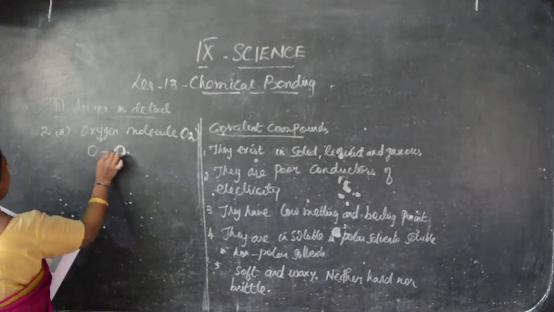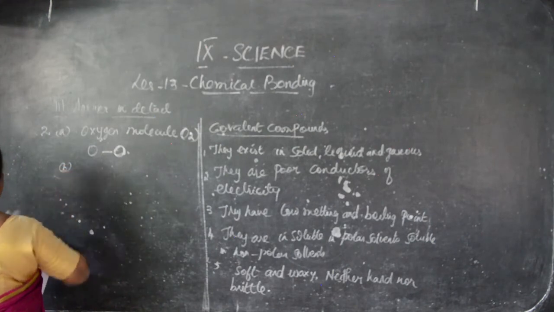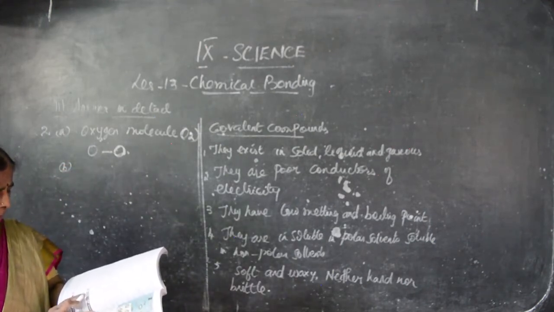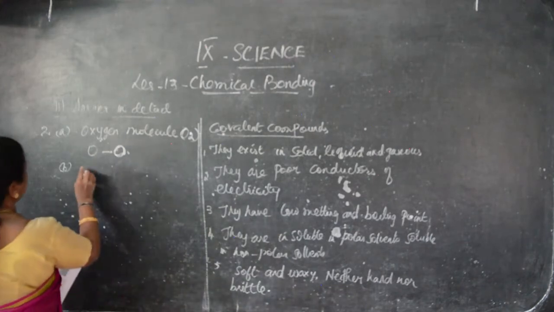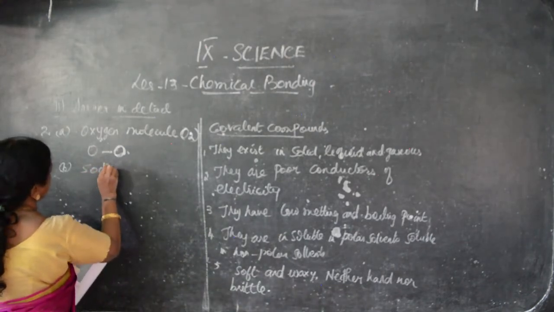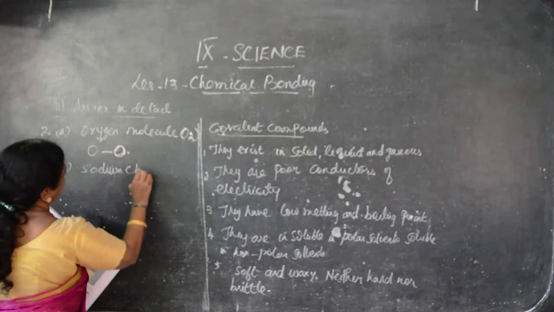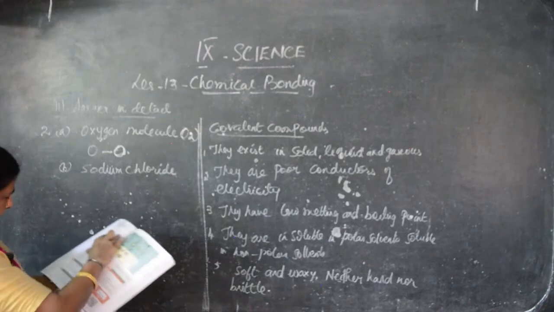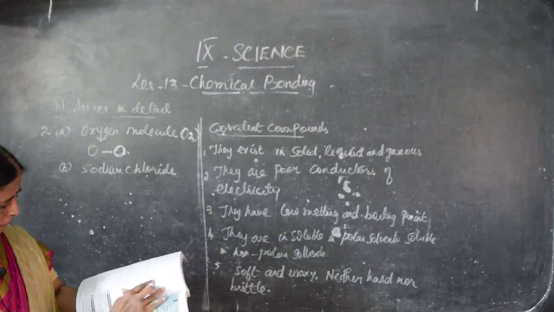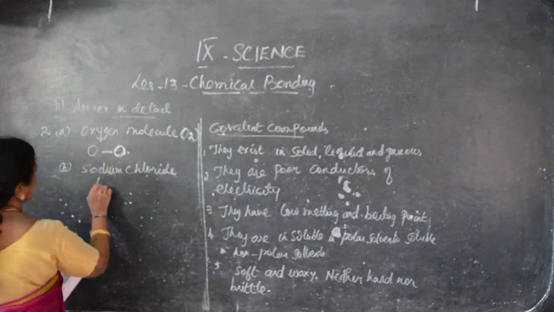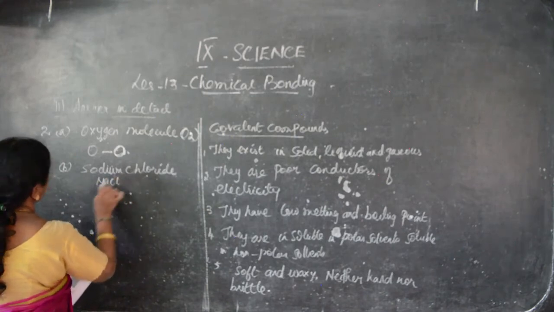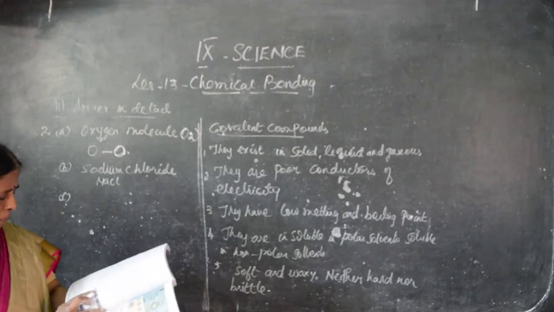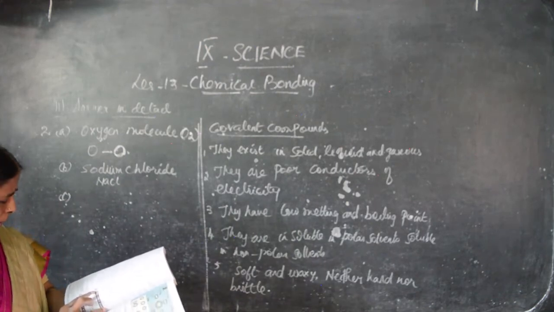Next one is a compound in which one ionic bond is formed. That is sodium chloride. Answer is NaCl. Next answer C. A compound in which two covalent and one coordinate bond are formed.